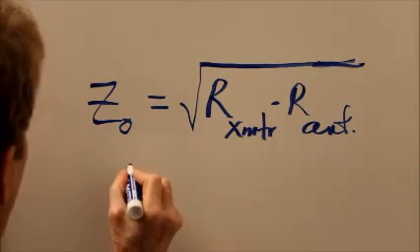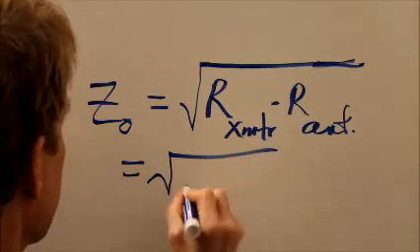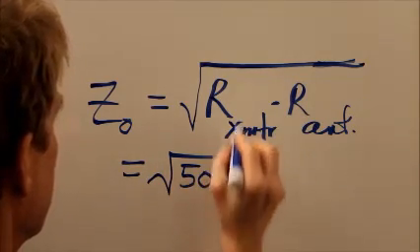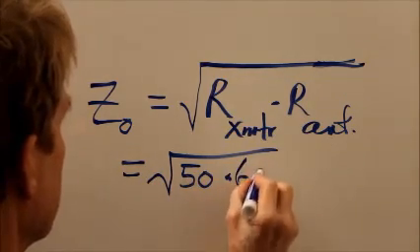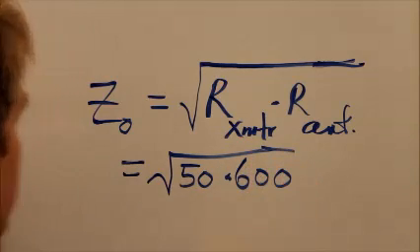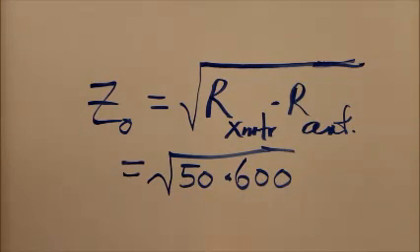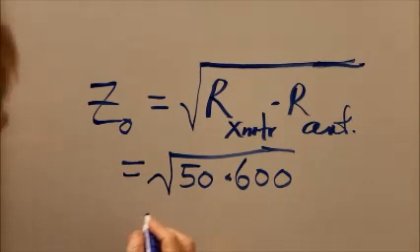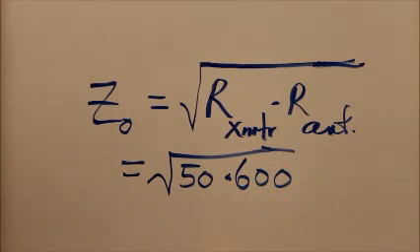Well, we already know those values. 50 for the transmitter, 600 for the antenna. So when we multiply this out, we're going to get the square root of 30,000.